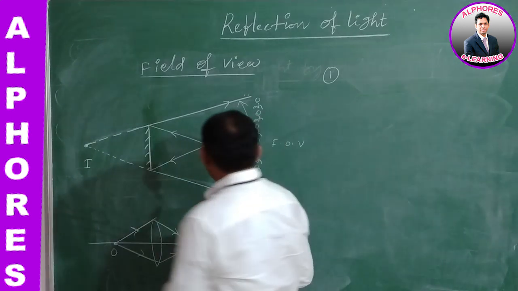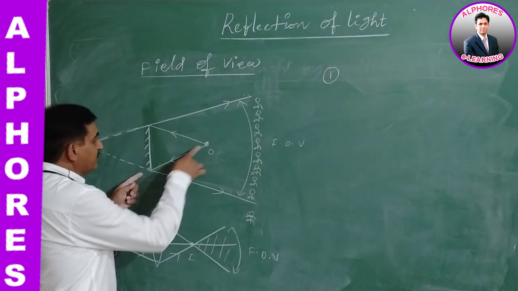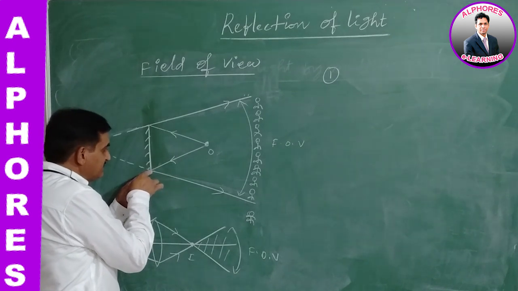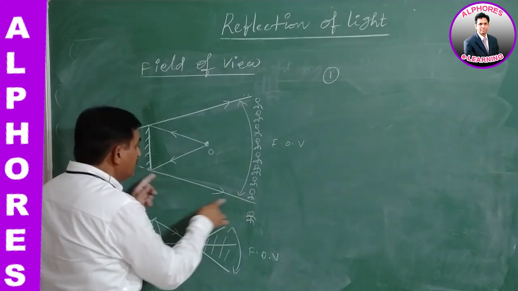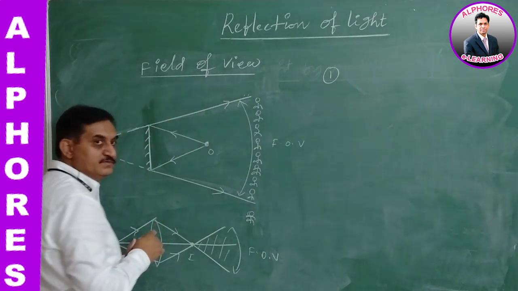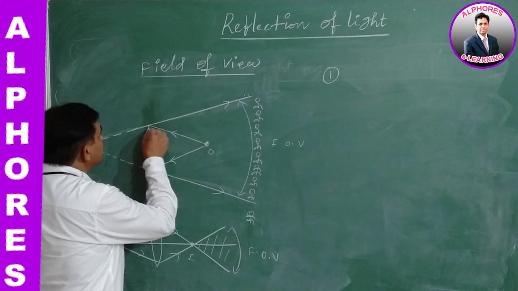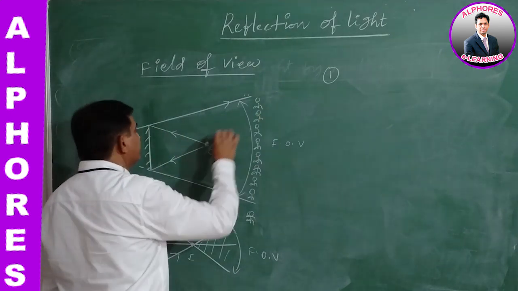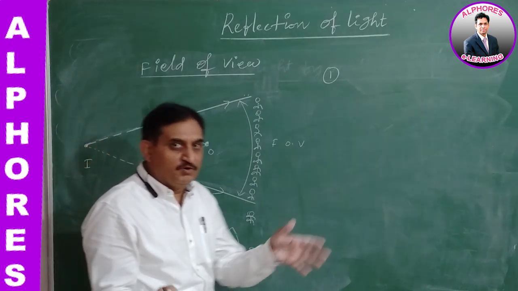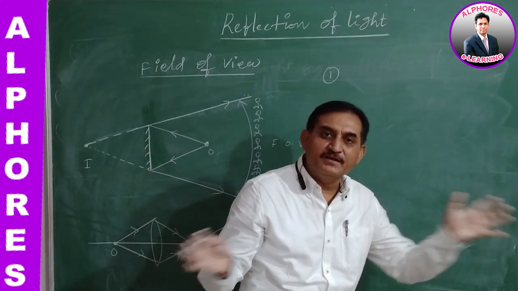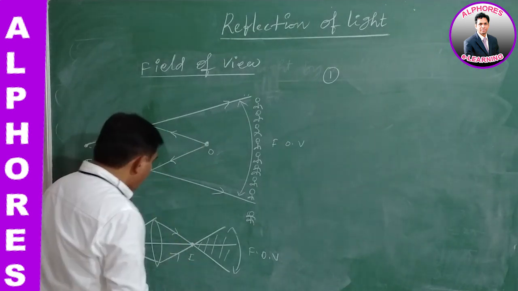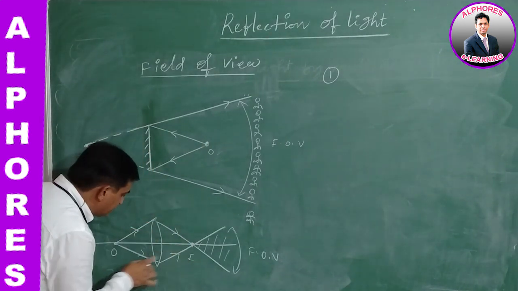See here, these rays are incident at the boundaries. It is the boundary where the ray is incident and getting reflected. This is the extreme reflected light ray. Many light rays are incident in between and they give reflections, but they are not extreme, so they are not deciding the boundaries. The boundary can be decided by the extreme reflected or extreme refracted light rays.